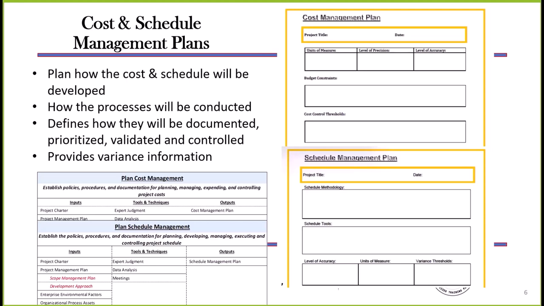And then we analyze the actual cost and schedule for variance information. The plan will give us some thresholds, perhaps, that as long as we stay within those thresholds, then we are good to go. We don't have to take any action. But if we exceed those thresholds, we have a variance. So that information is going to be provided also in the cost management plan and the schedule management plan.